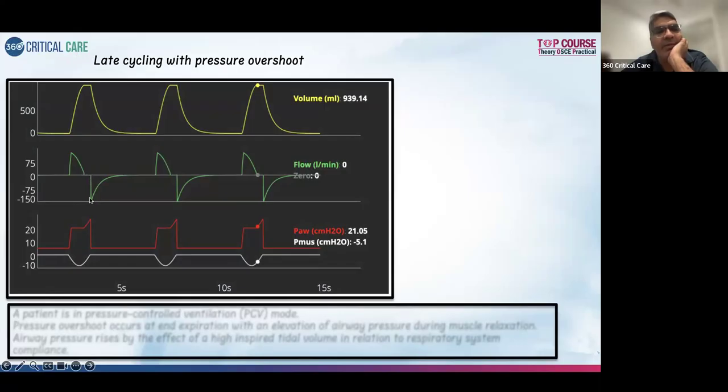So you're allowing extra time, which may cause a pressure rise called late cycling pressure overshoot. If you have late cycling, because of the accumulation of air, you can have a pressure overshoot in the pressure-time scalar like that. That's an important finding in late cycling.